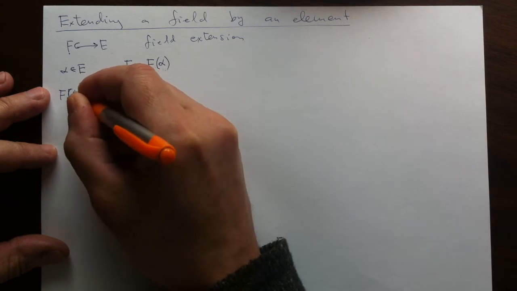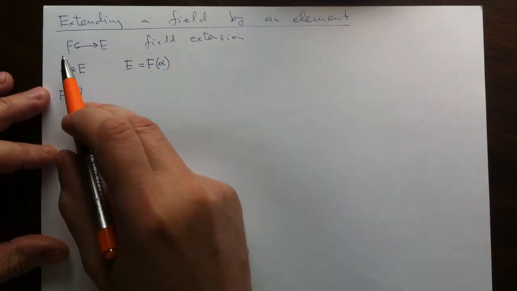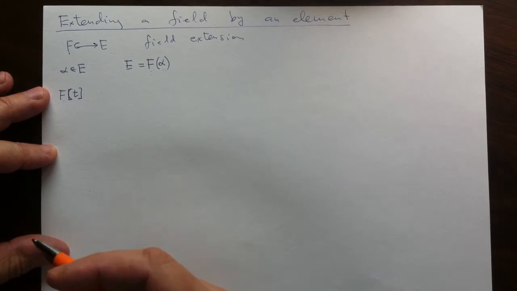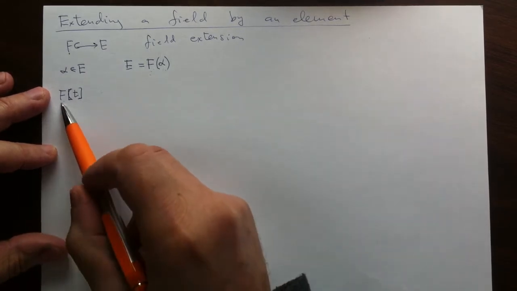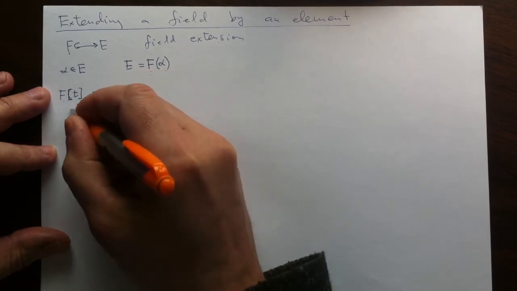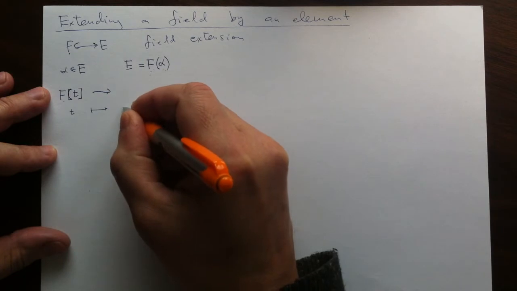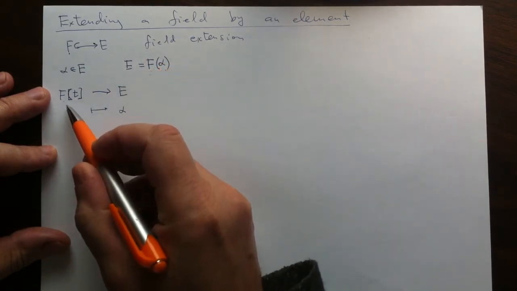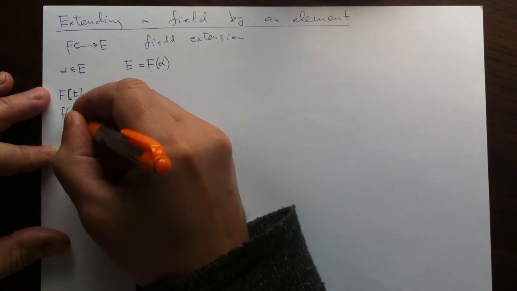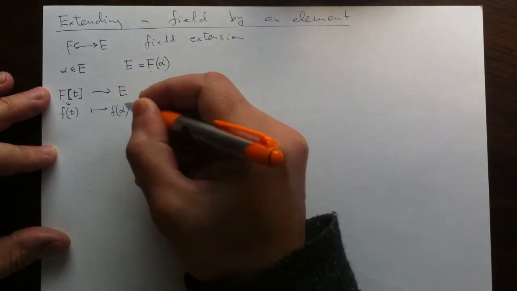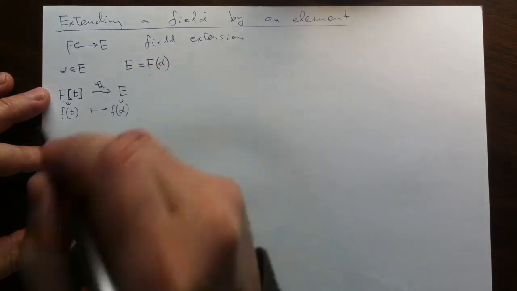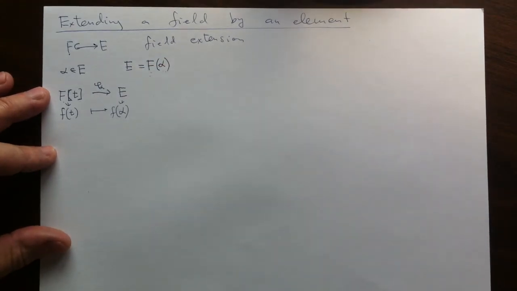Let's start with polynomials in the variable t with coefficients in the smaller field F. Polynomials you can look at as instructions, algorithms for computing something by doing arithmetic operations and using elements of F. Using the chosen alpha as the input t, we have a way of evaluating any polynomial on alpha and turning it into some element of our extended field E. Let's call this ring homomorphism the evaluation homomorphism on alpha.